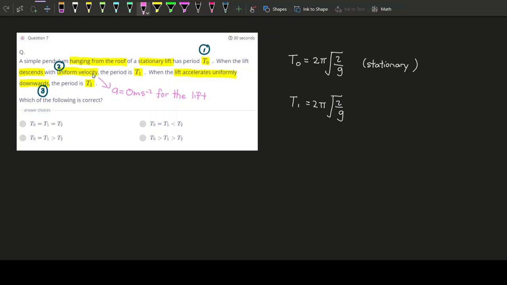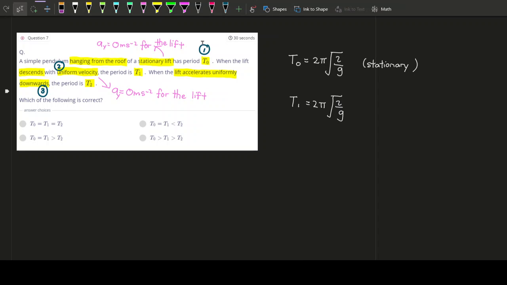If acceleration is equal to 0 meters per second squared for the lift, this case is still exactly the same as the first case, because acceleration, let's be more specific, in the y direction, is still equal to 0 meters per second squared for the lift. Because the lift is not moving, you can think of it as a net force equal to 0. So not moving is actually equivalent to moving down with uniform velocity.